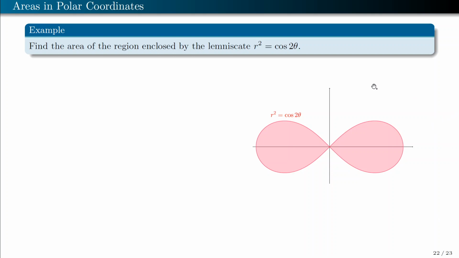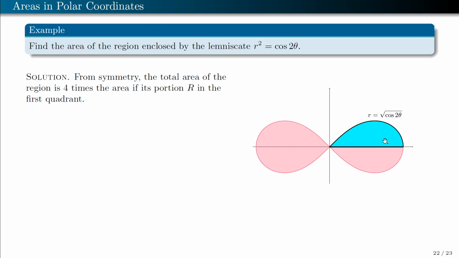The approach we'll use to answer this example is symmetry. Instead of getting the area of the whole thing, we focus on the portion in the first quadrant only. Let's call that portion R. By symmetry, the area we're looking for is just 4 times the area of this blue region. So we focus on finding the area of this blue region, which we call R.